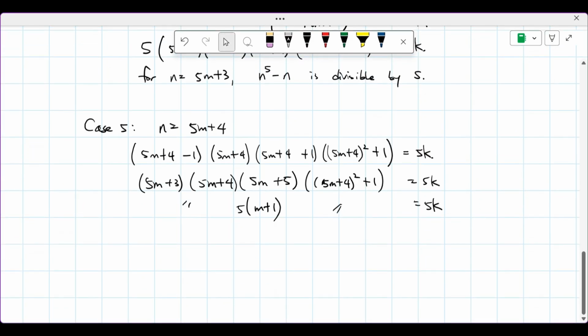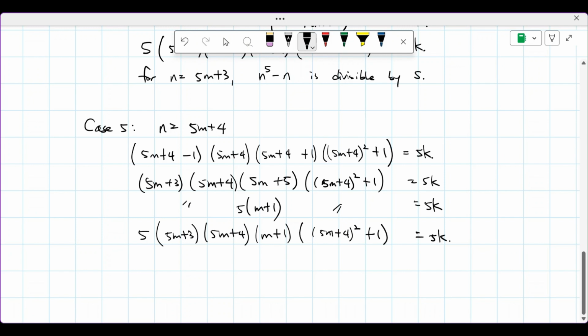So finally, we can write this as 5 times 5m plus 3 times 5m plus 4 times m plus 1 times 5m plus 4 squared plus 1 equals 5k. So therefore, for the same reasons, for n equals 5m plus 4, n to the power 5 minus n is divisible by 5.